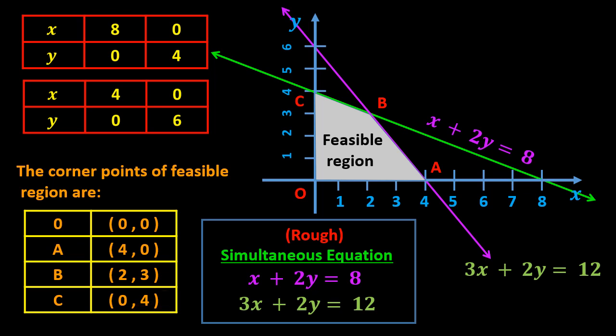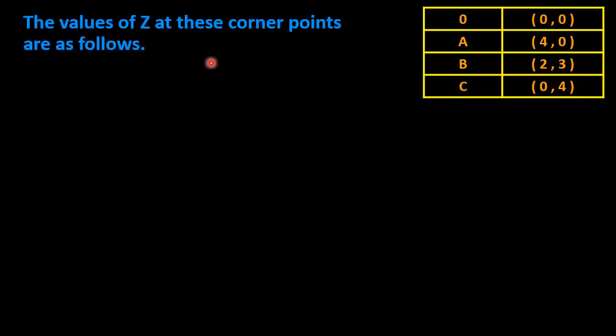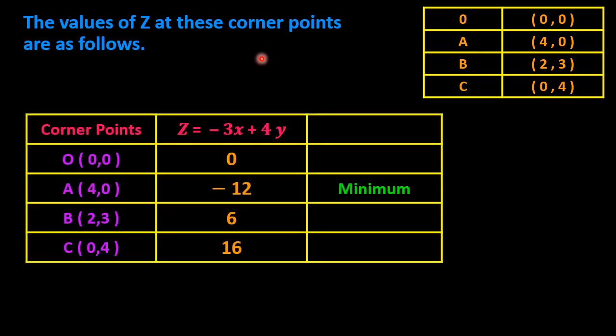After finding the coordinates of all the corner points of the feasible region, we find the value of z at these corner points, which are as follows. Here in the table, there are 4 corner points, O, A, B, and C, and these are their coordinates. Our objective function is z equals minus 3x plus 4y. In this objective function, we replace the values of x and y for each corner point.